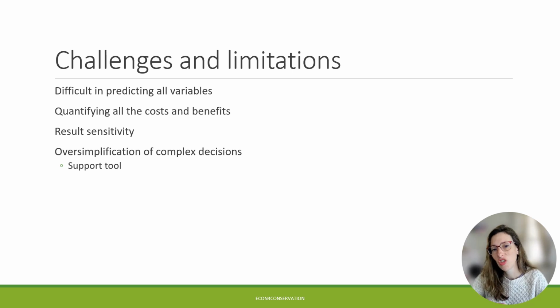One of the first challenges is the difficulty in predicting all variables. While CBA helps outline the projected costs and benefits of a project, it is challenging to account for all the factors that might impact the outcome, especially in the long term horizon.